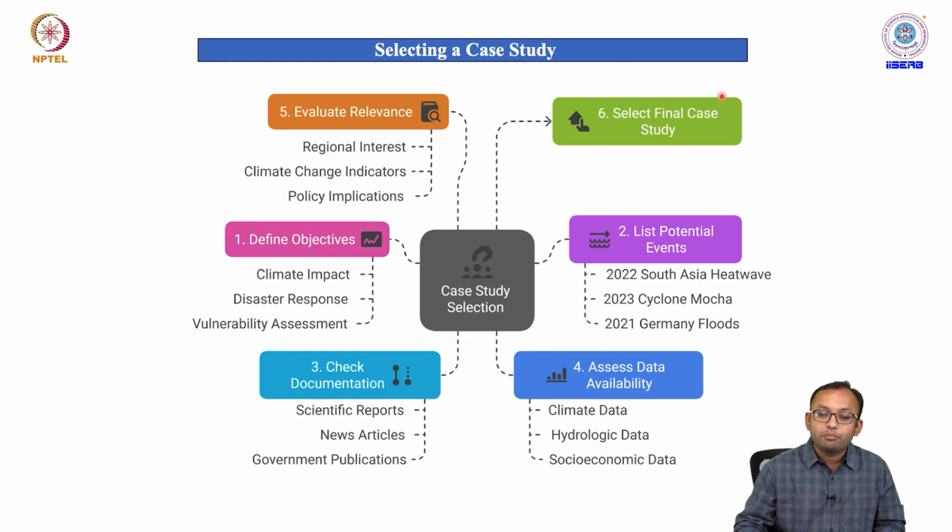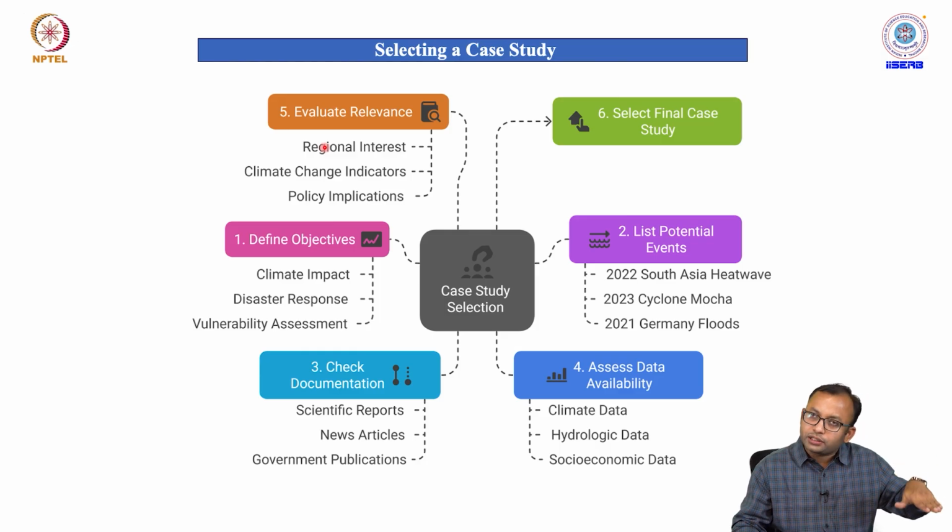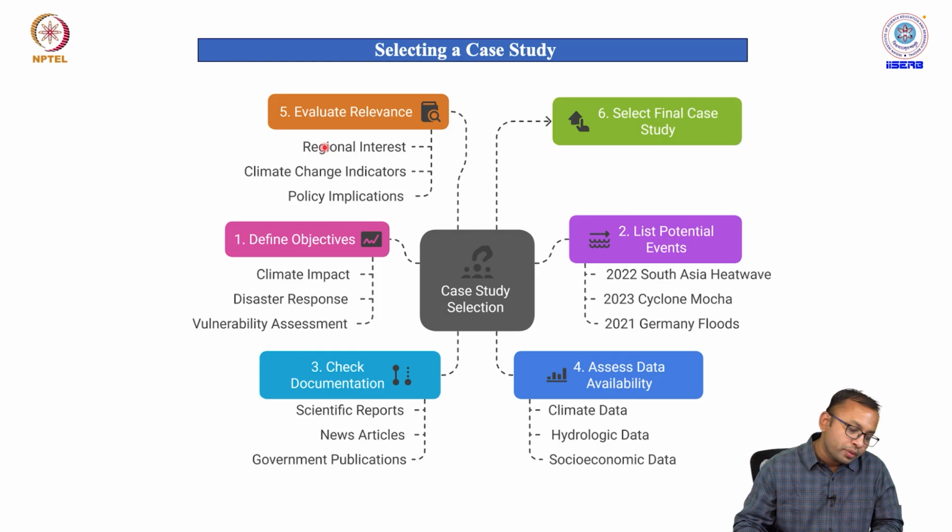Then we basically move to evaluate the relevance of the problem, whether if you do some sort of analysis in that region, why it is important. So, let us say it might be possible that one particular district you are interested in is very famous for producing wheat or rice, or there are so many people living in that particular district who come from the lower strata of socioeconomic levels.